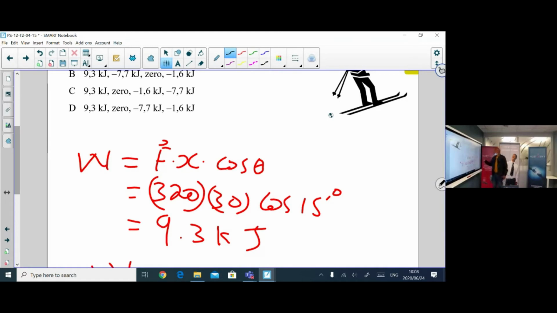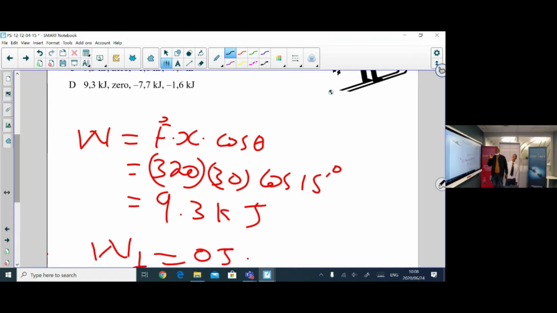If you go down, you use your calculator and substitute the values provided up there. We have 320 for force, multiplied by 30, multiplied by cos 15 degrees. You're going to get 9.3 kilojoules.